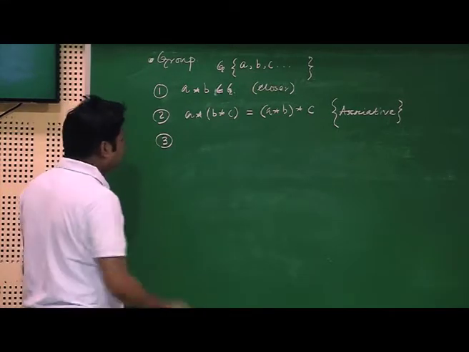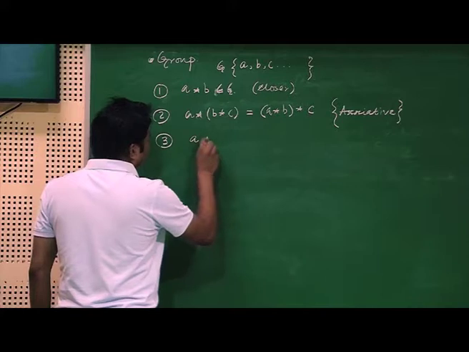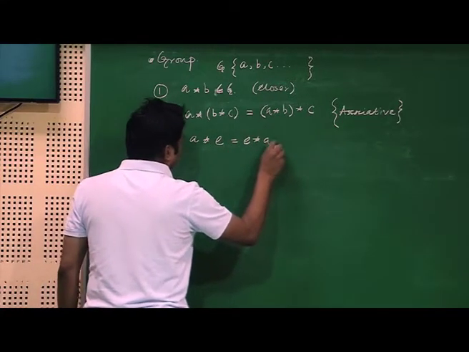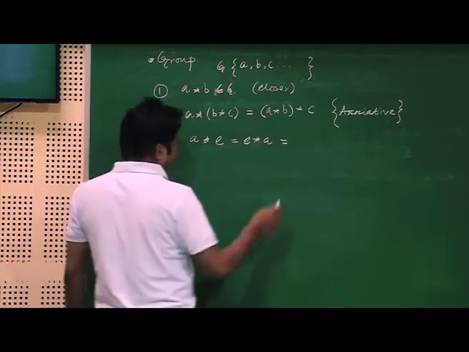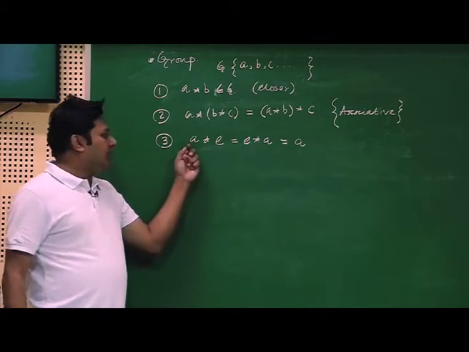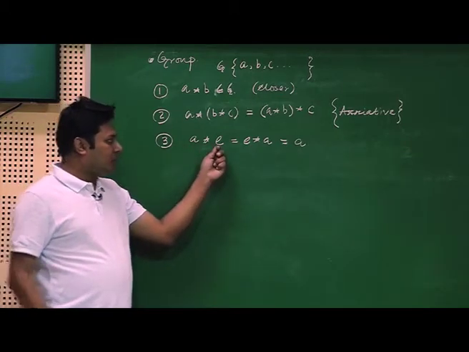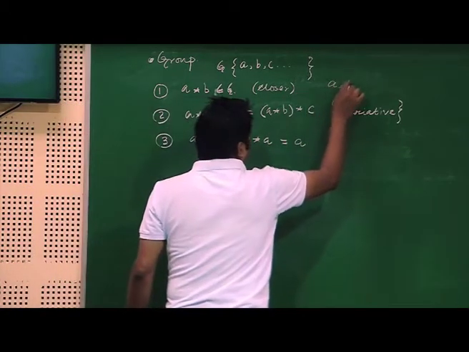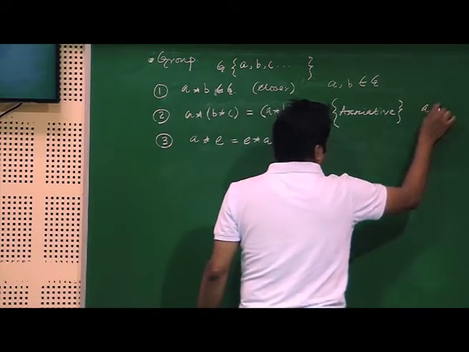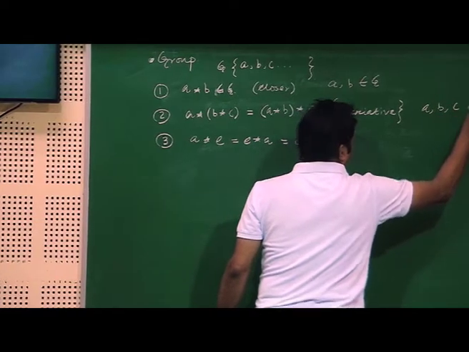The third rule is A star E is equal to E star A is equal to A. Here A, B, C are elements of this group.